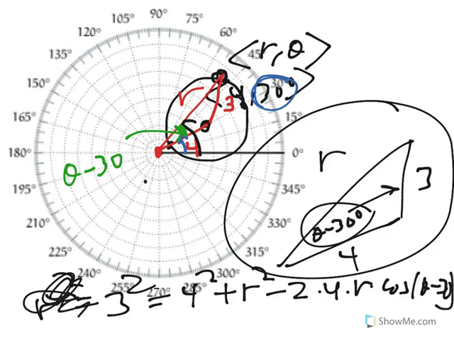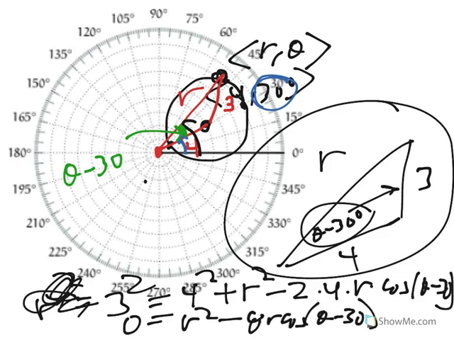And we actually can't simplify this very much more. All I could really do is bring everything over to one side. So I would get 0 equals r squared minus 8r cosine theta minus 30. This is 16 and that's 9, so plus 7.